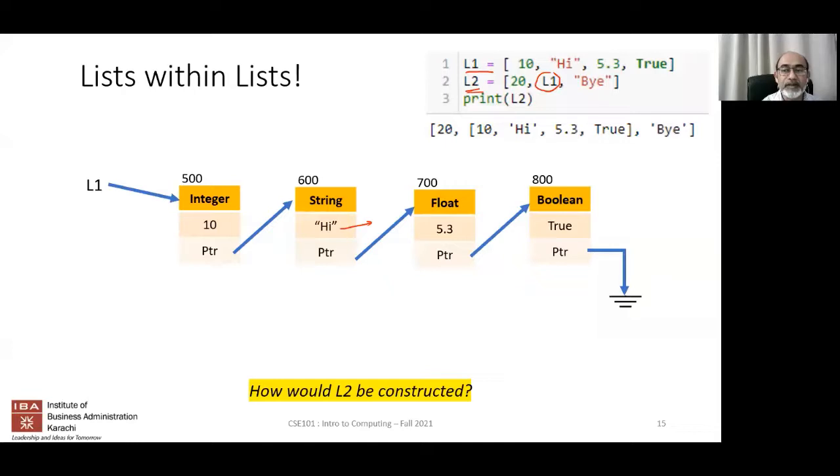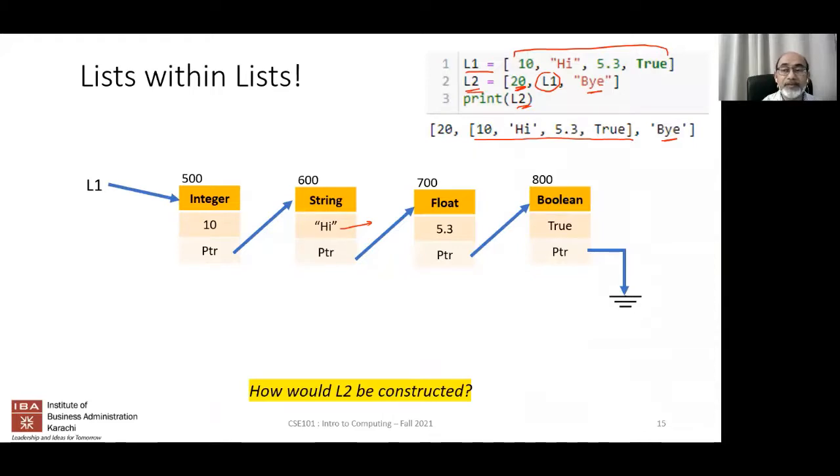In other words, this is a hierarchical list. And if you print L2, it will print 20, and then it will print L1, the entire list L1, and that is from here till here, and then it will print the third element of that list. So what you're seeing over here is what can be referred to as a nested list.